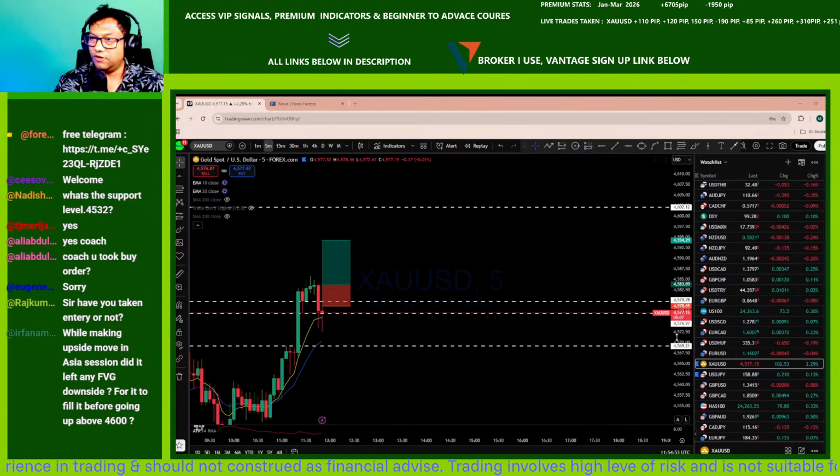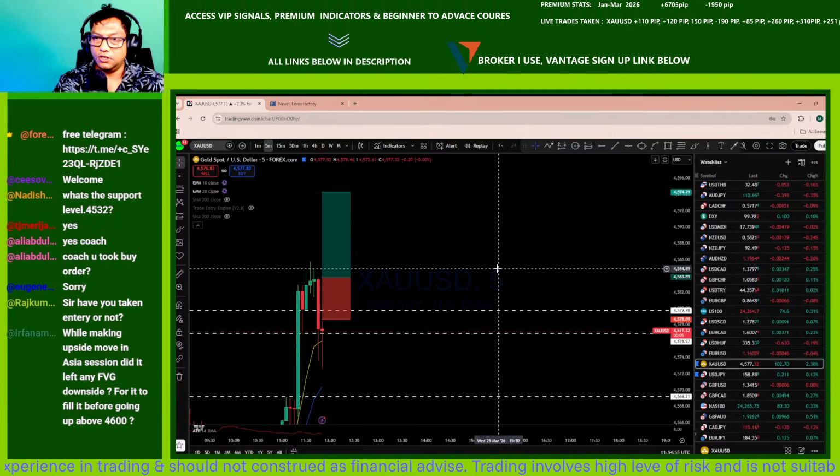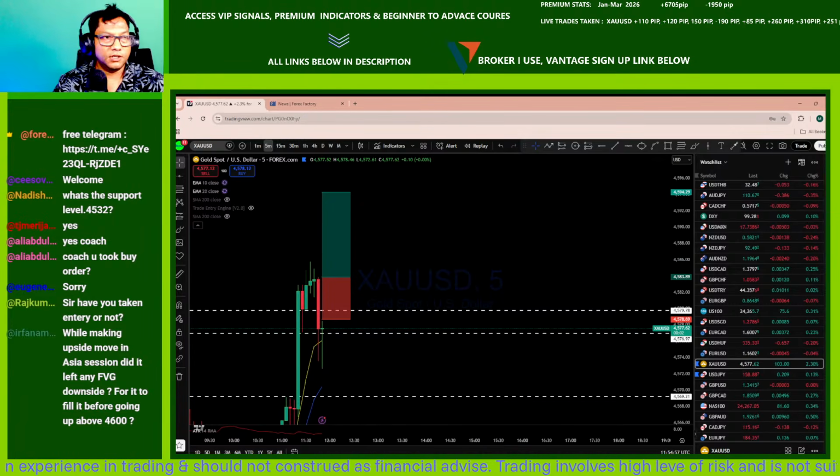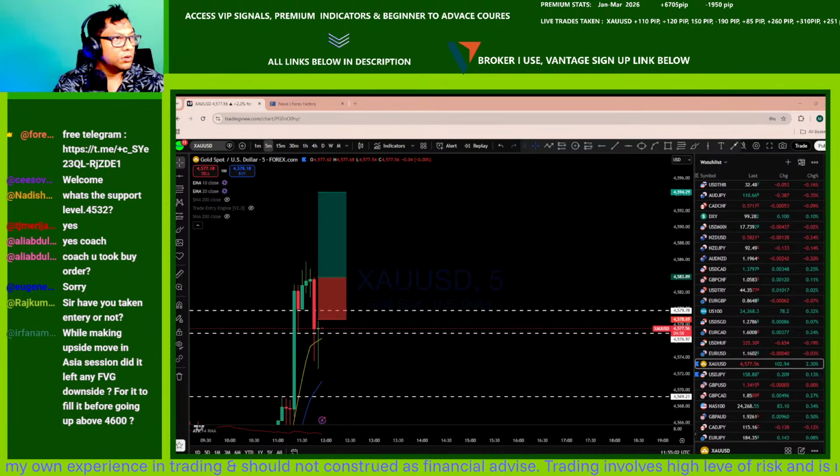And I think that there is a 5 minutes candle closing, which is a doji, and there is a chance for the market to continue. So this is a bullish price action.